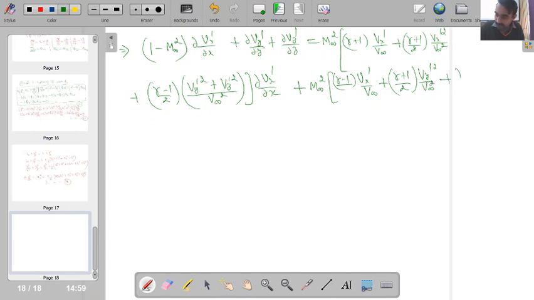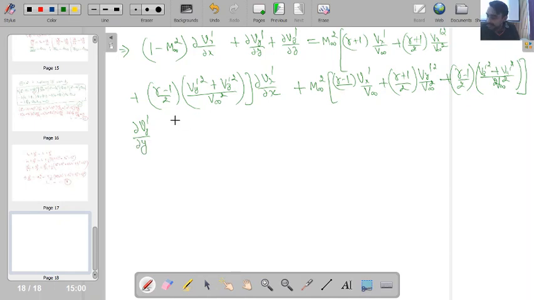Okay, plus (gamma minus 1) by 2 into (vz dash square plus vx dash square) by V infinity square, and bracket, and outside this bracket del vy dash by del y.